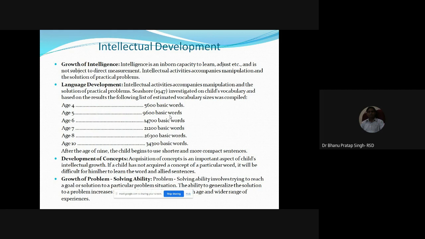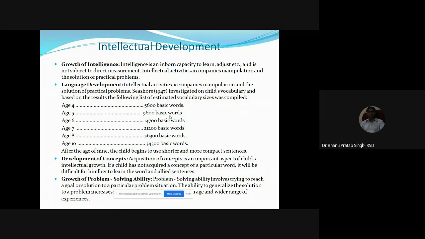At the age of 5, 9,600. At the age of 6, 14,700. At the age of 7, 21,200 basic words he or she learned. And at the age of 8, 26,300 basic words. Further, at the age of 10 years, he or she is aware of 34,300 basic words.